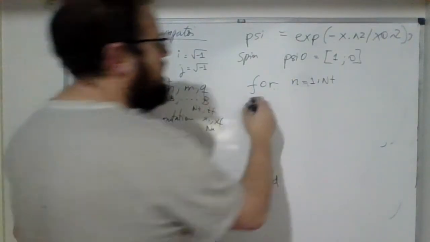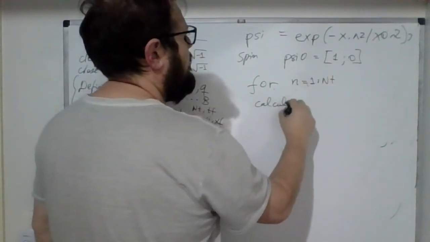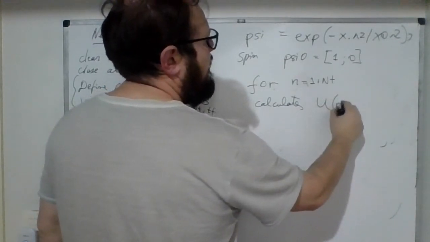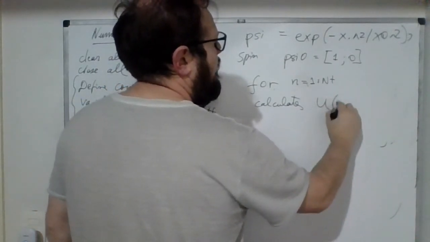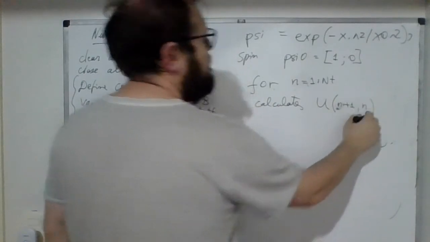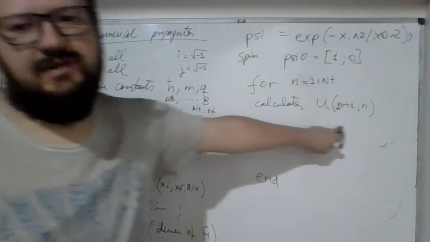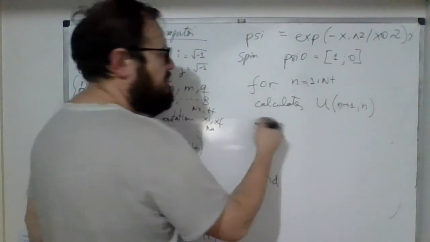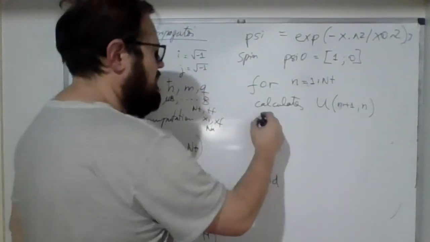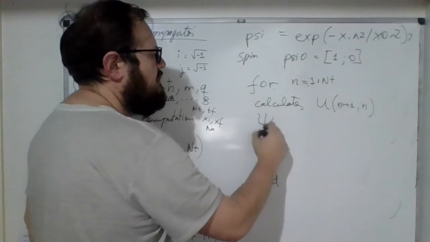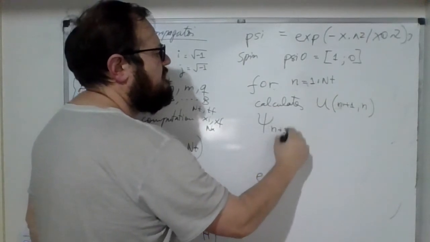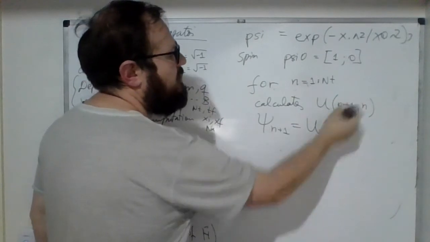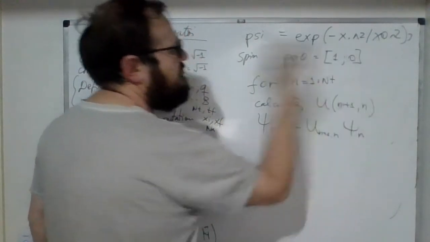It calculates u as a function of n plus 1 and n, and it calculates your function, which can be a vector. It calculates your n plus 1 function, applying this n plus 1, n operator times the previous function.